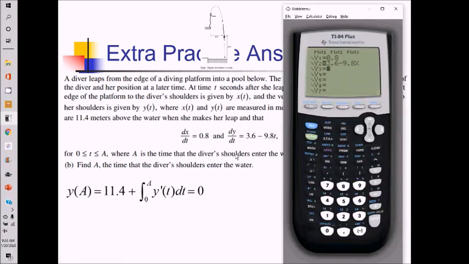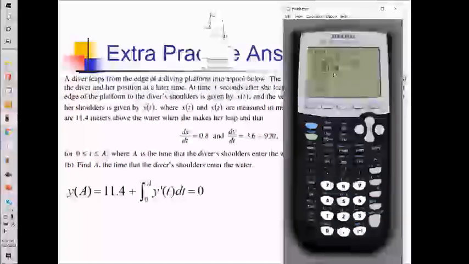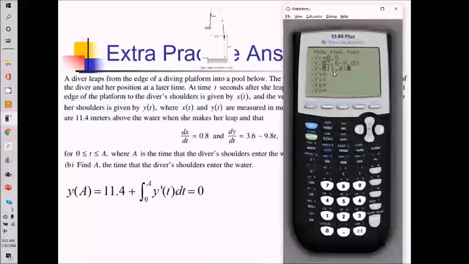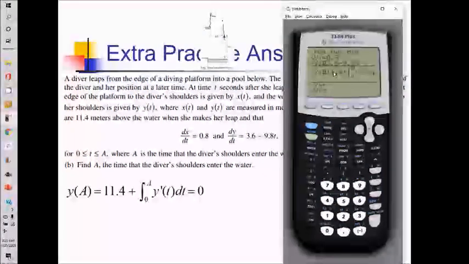To do this on the calculator, I'm going to go into my y equals in y3, and I'm going to set up basically an integral kind of function here. So I've got my initial value of 11.4 plus, now I'm going to do math 9, and we're going from 0 to x, because that's what your calculator expects for the input.